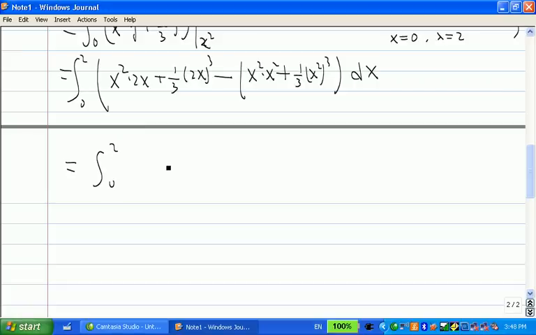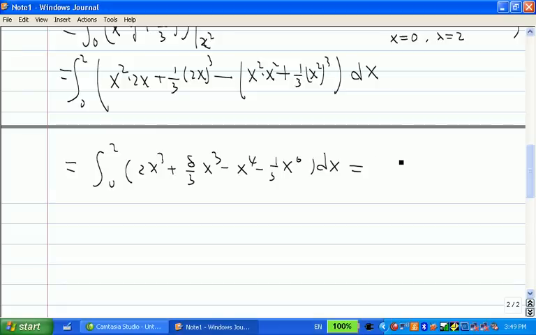Okay, you simplify that, you get 2x to the third plus 8 over 3 x to the third minus x to the fourth minus 1/3 x to the sixth dx.